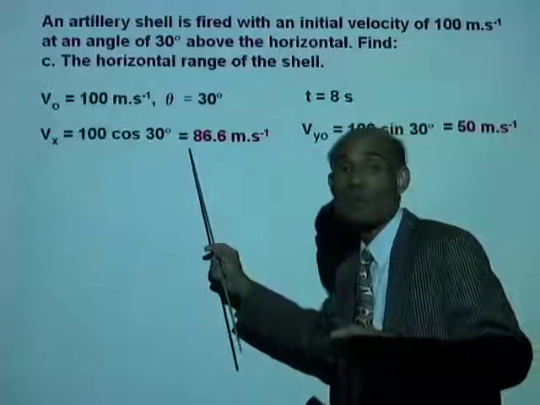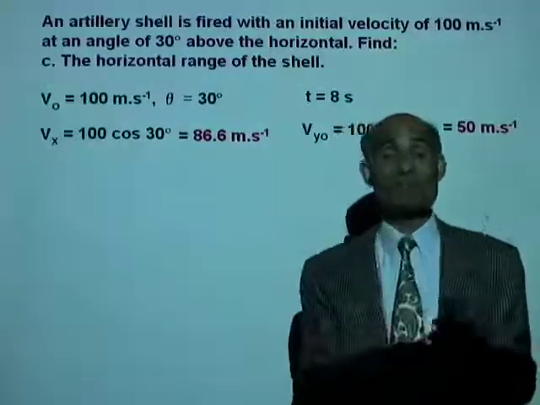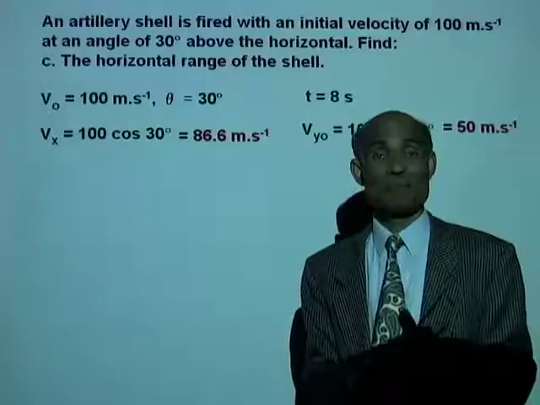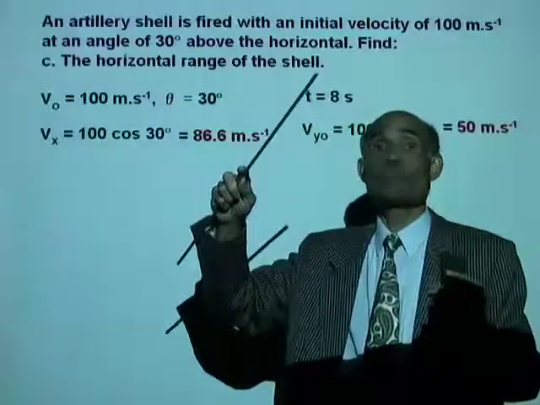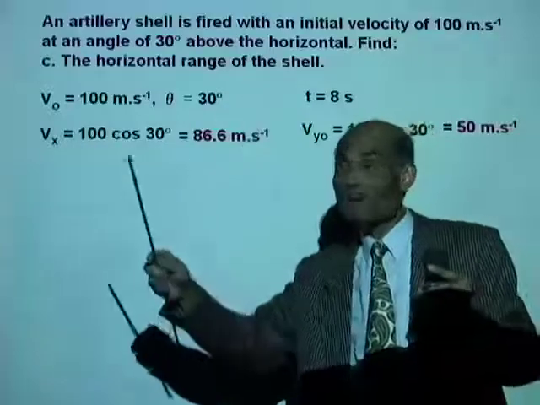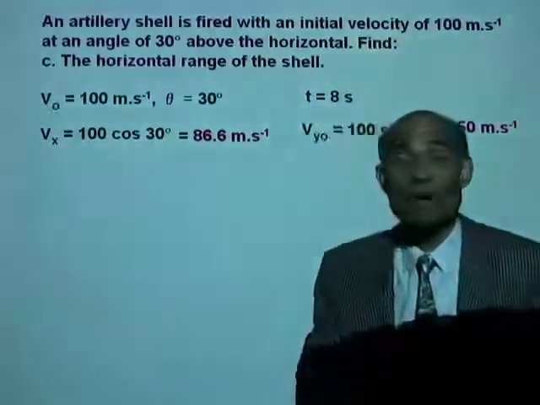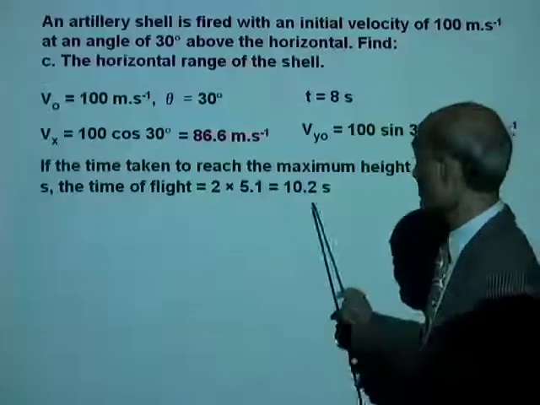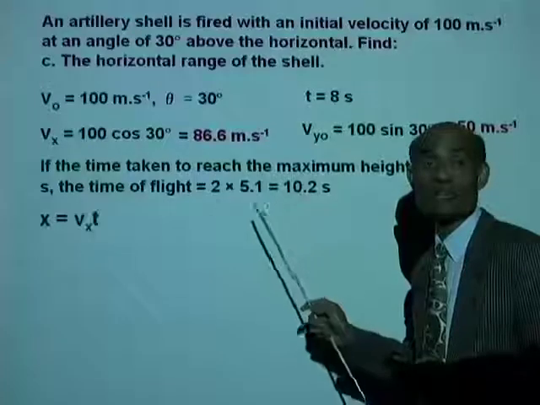If you multiply this with the time of flight, what is the time of flight? Well, if the time taken to reach the maximum height is 5.1 seconds, then the time of flight is double that time, which is 10.2 seconds. There you are. The time of flight is 10.2 seconds.